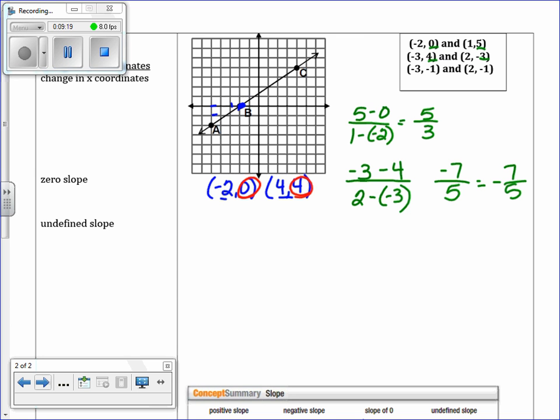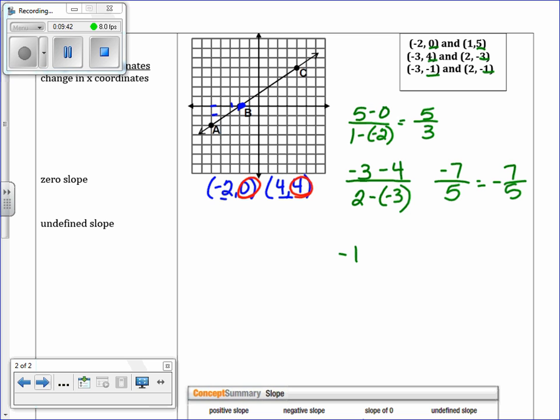Finally, I have negative 3, negative 1, and 2, negative 1. So I'm going to say negative 1 minus negative 3, I'm sorry, that was wrong. See, I even need to underline my y value so I don't mess up.